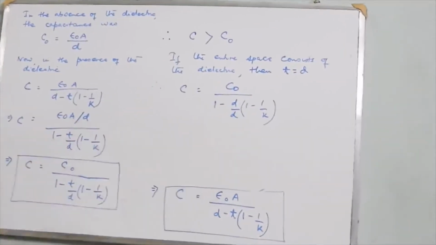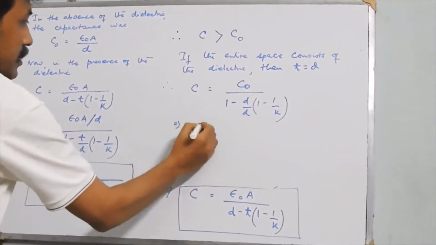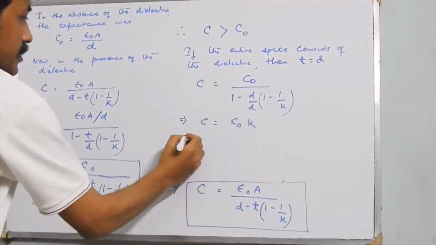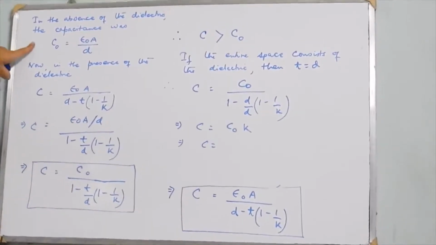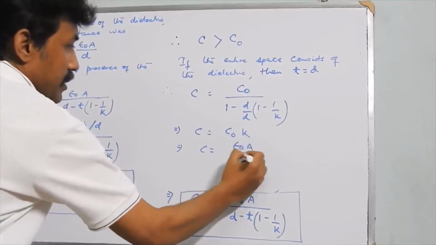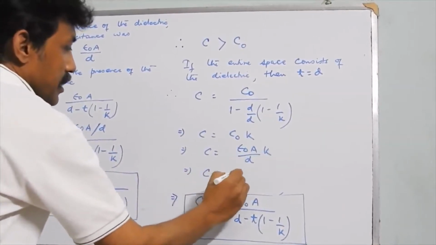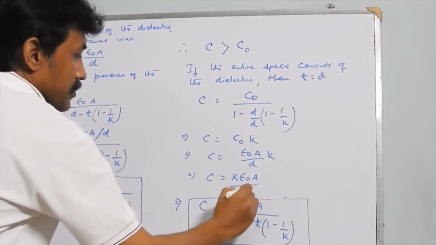So 1 minus 1, 0. Minus of minus is plus. So what we get is C equal to C0 into K, which means C equal to epsilon 0 A by D times of K, which means C equal to K epsilon 0 A by D.